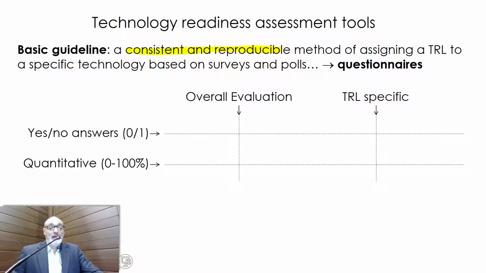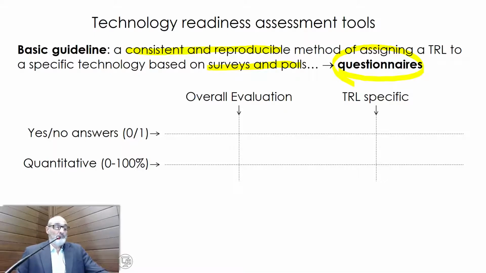Okay, and you're not going to be able to avoid this. It has to be based on surveys and polls, and you're going to end up asking questions to people concerned, people that understand the situation and live the situation.